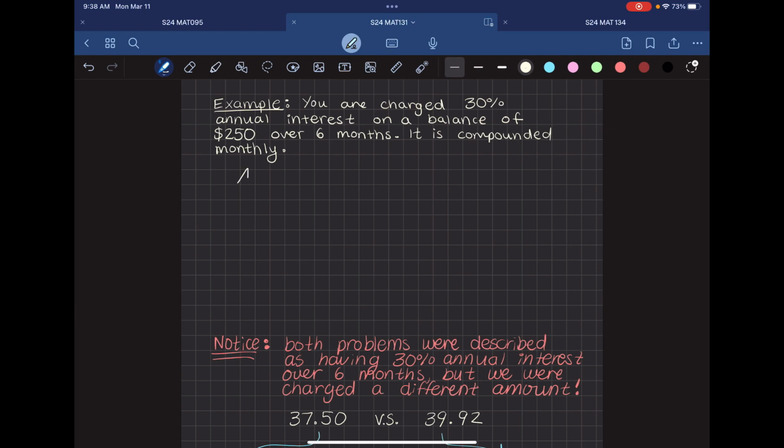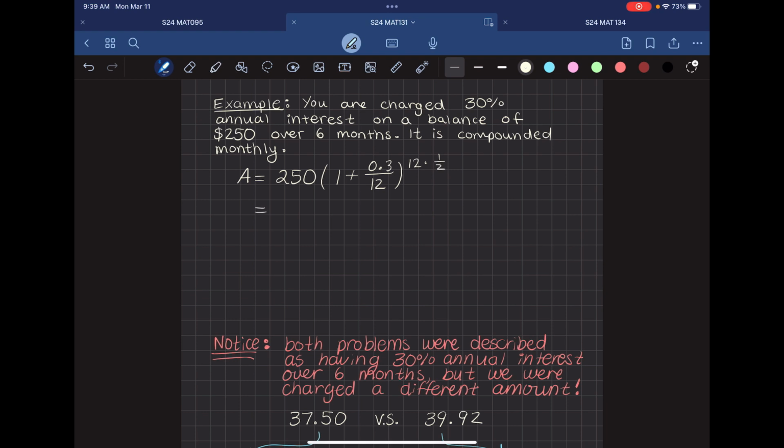So we'll have A is equal to our P, $250, times 1 plus R, which is 0.3, divided by 12, because we're working on 12 months in 1 year. So if we're compounding monthly, we're compounding 12 times. We raise that to the n times t power, so 12 times the time in years. Well, we already talked about in the last problem that 6 months is half a year, so we would do 12 times 1/2.